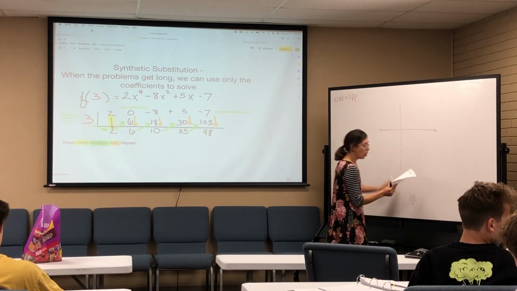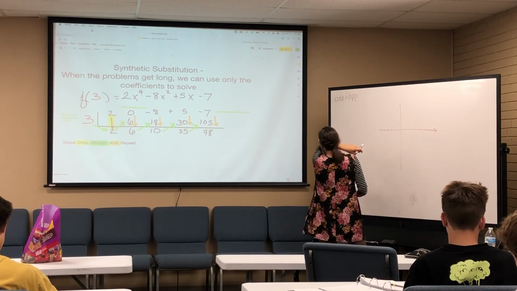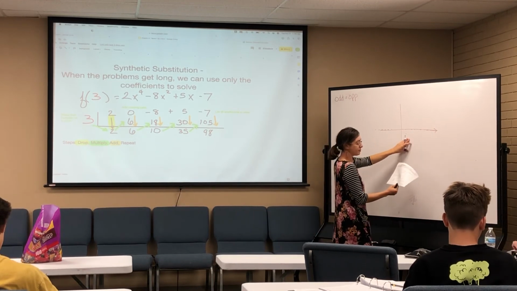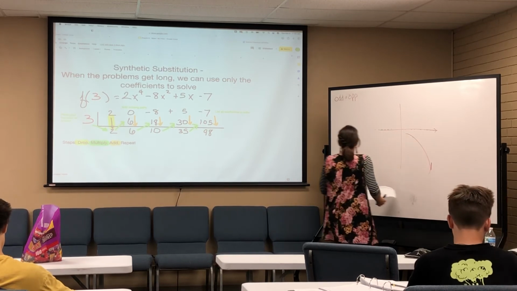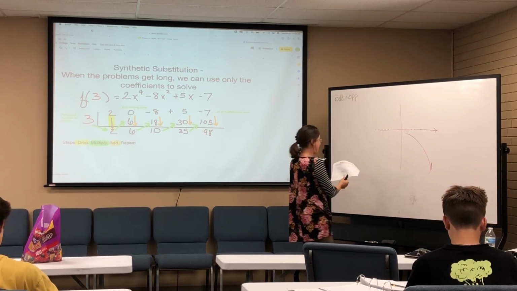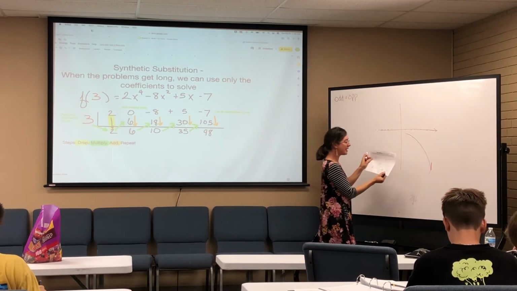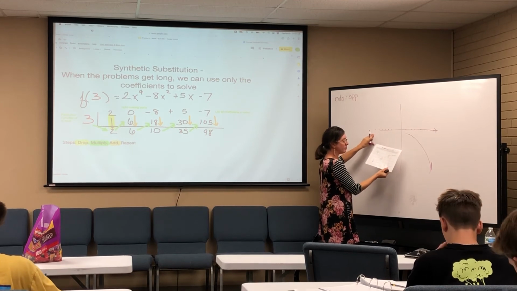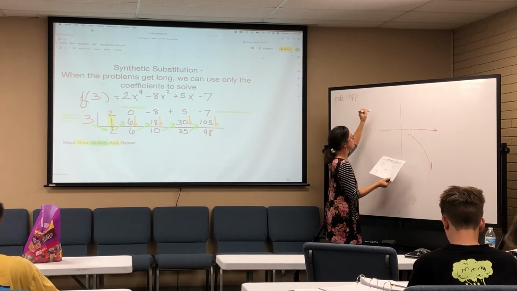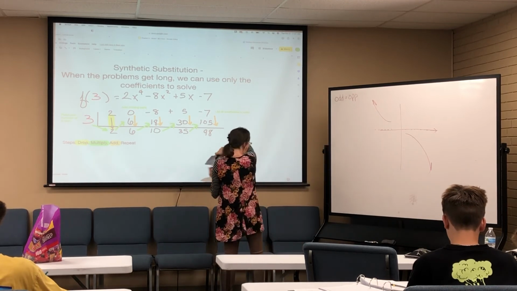12 says, while x is going positive, y is doing what? Going negative. Okay, and then it says, as x is going negative, y is going positive.